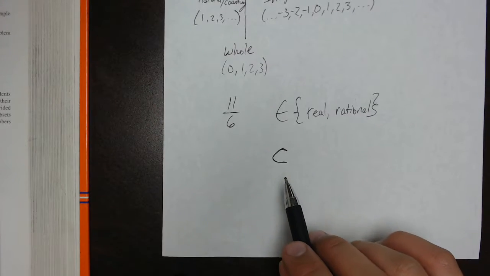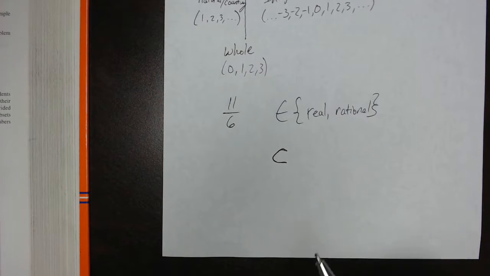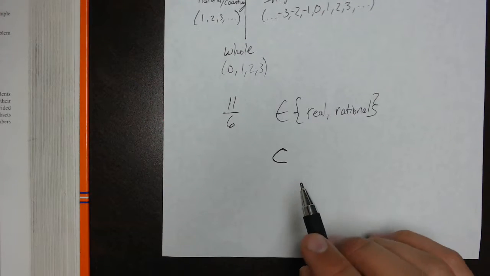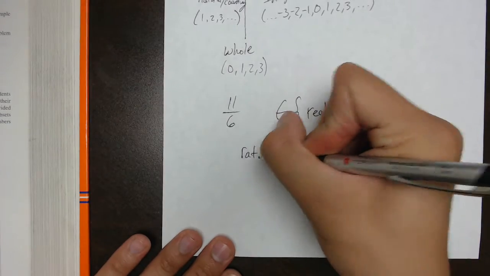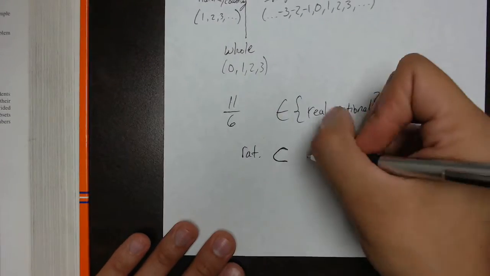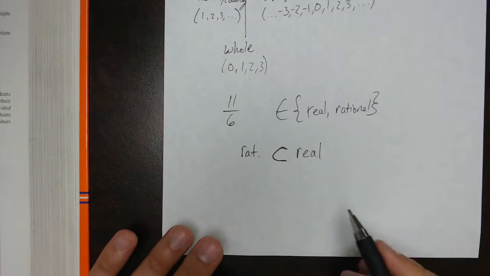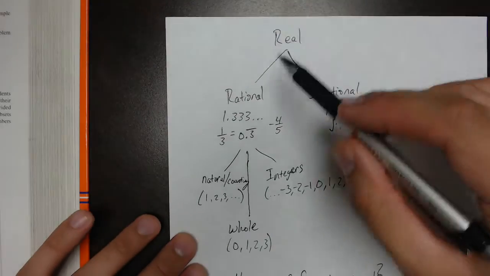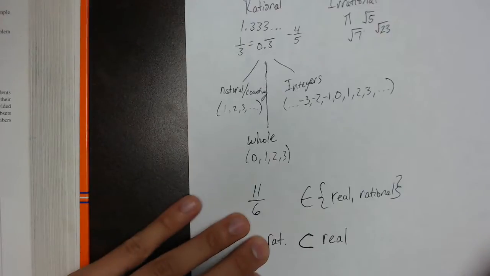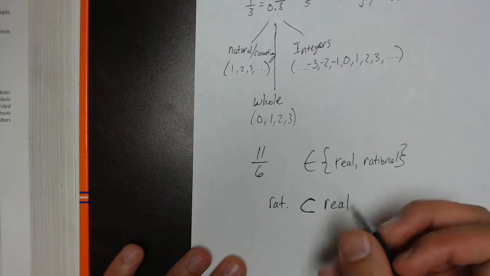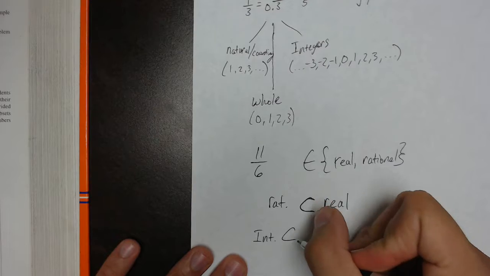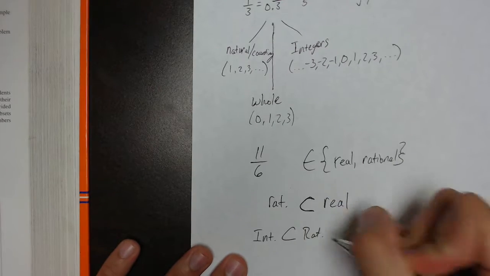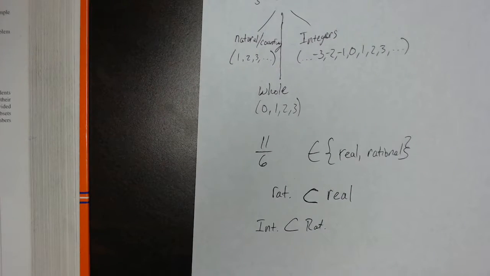Now, this is used to show subset groups. So the way we'd use this is we would say that the subset of rationals, I'll just put RAT, is in the group of real numbers. And what that means is that the group of real numbers contains rationals. Another way we could do this is we could say that integers, I'll just put int, is in the set of rational numbers. So that's how those sets work.